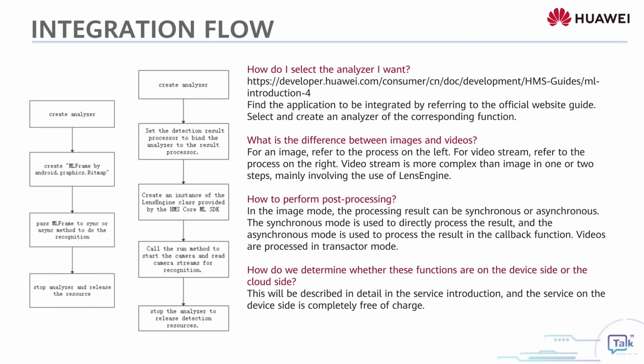In the image mode, the processing result can be synchronous or asynchronous. The synchronous mode is used to directly process the result, and the asynchronous mode is used to process the result in the callback function. Videos are processed in the transactor mode.